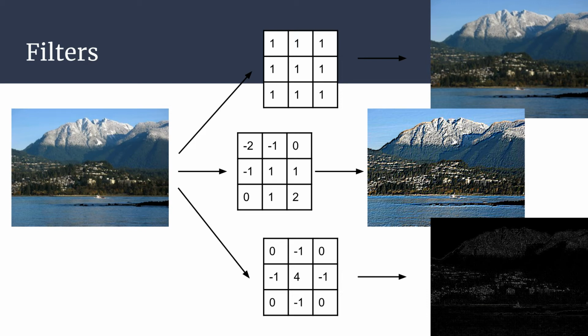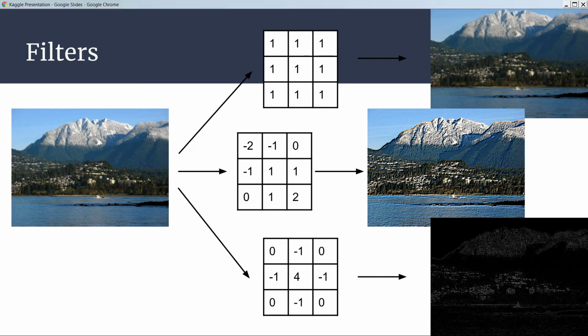The last example that I've got down the bottom is something that might actually be a little bit more useful as far as a CNN is concerned. This filter is what's known as an edge detector. Basically it does pretty much exactly what the name describes: it sees whether or not you're at an edge.